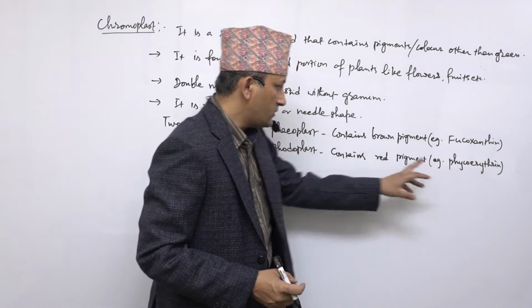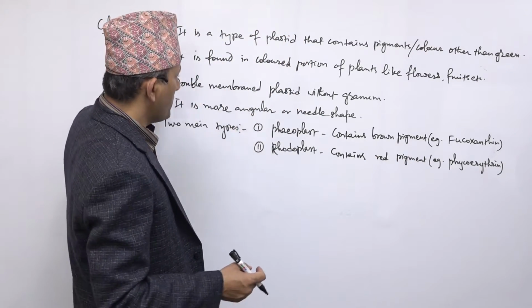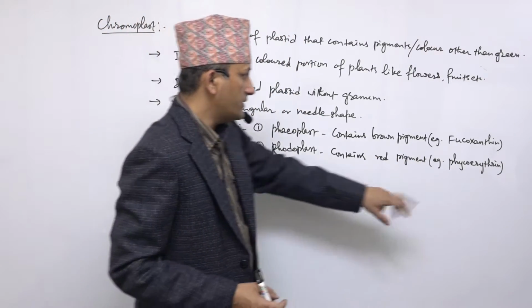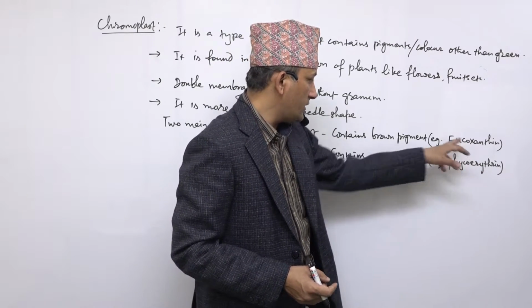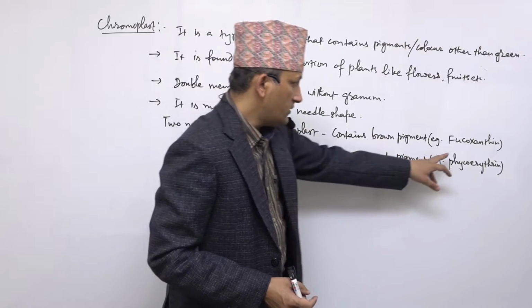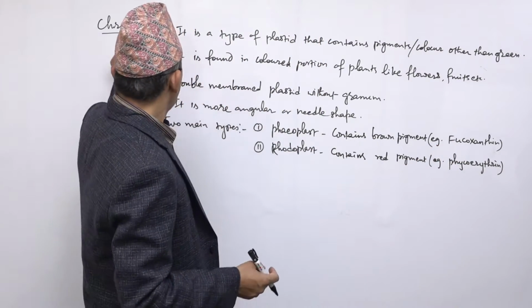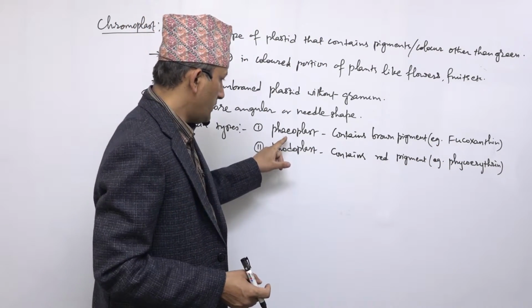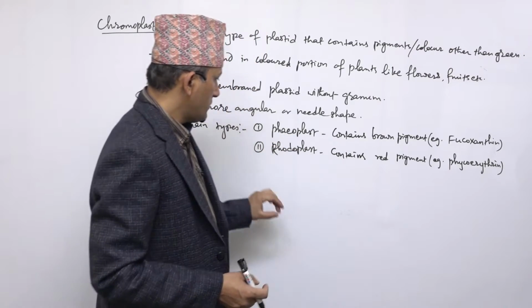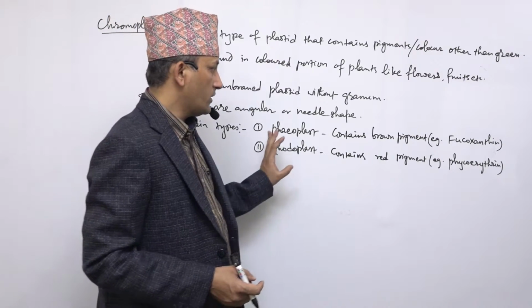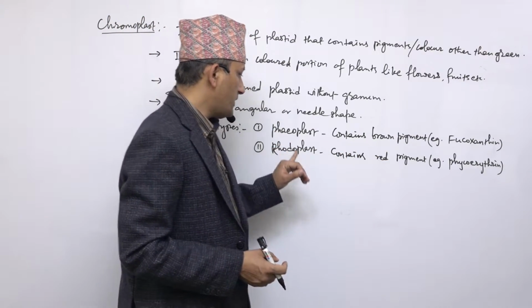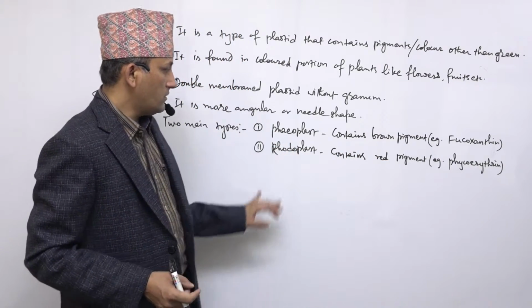It is found inside the chromoplast called rhodoplast. Likewise, fucoxanthin is also a pigment which is not found inside chloroplast, while it is brown in color. And this fucoxanthin is found inside chromoplast known as pheoplast. So these are the two important types of chromoplast. One containing brown pigment known as pheoplast, another containing red pigment called rhodoplast.